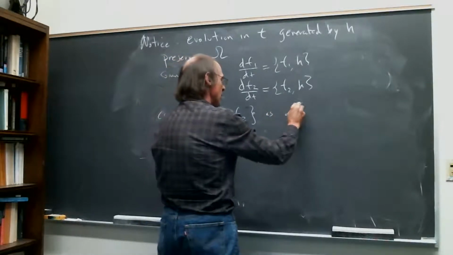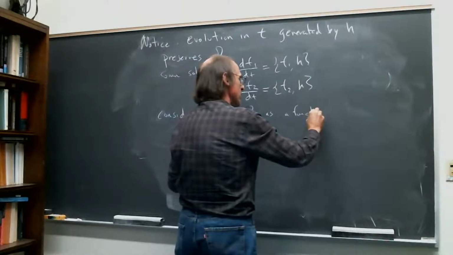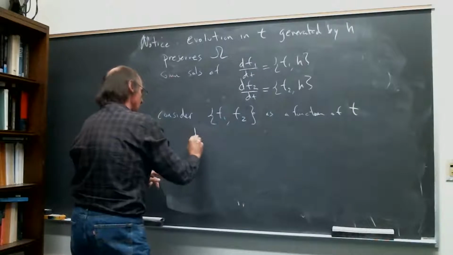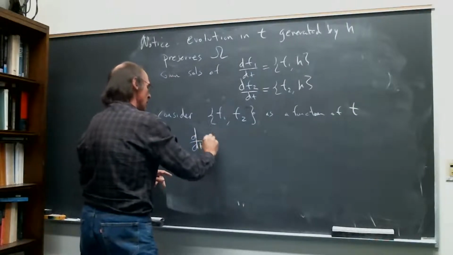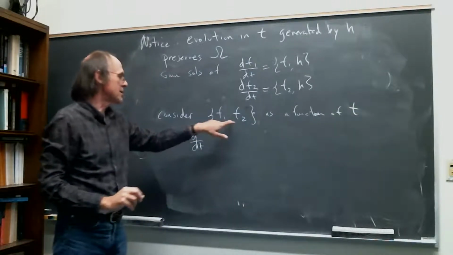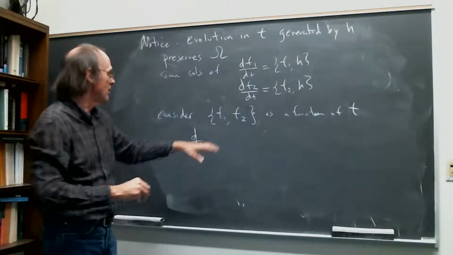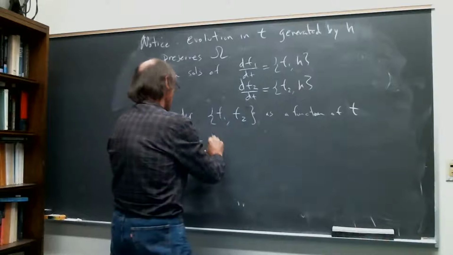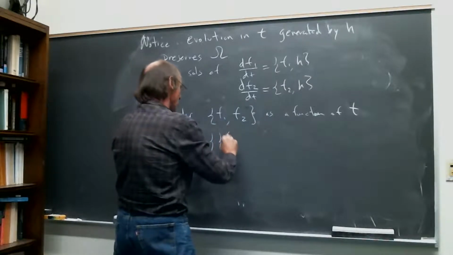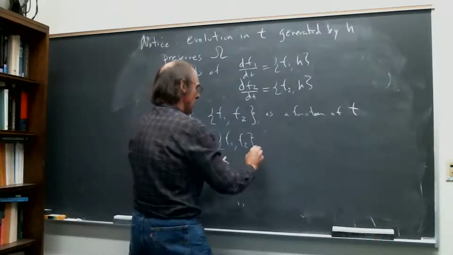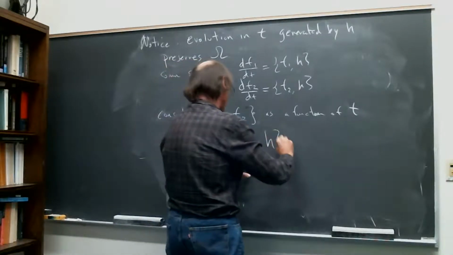as a function of time, and of t, and you have d/dt. But this is still some function on phase space, depends upon time, and I hope I've got this argument right. Let's see. Then you got f1, f2, h.